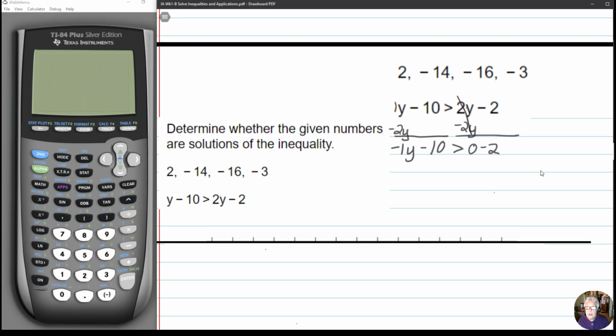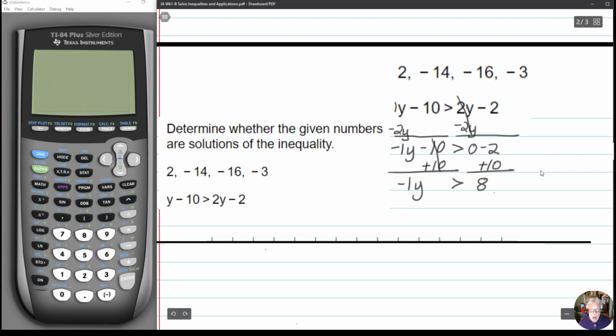Now I'm going to add 10 to both sides of this inequality. I'll be left with negative 1y is greater than 0 minus 2, which is negative 2, plus 10 is positive 8.